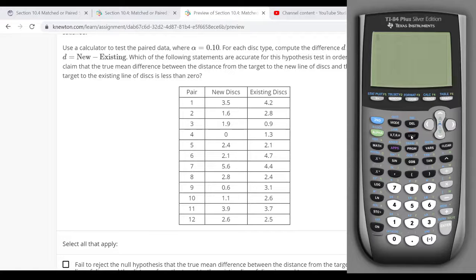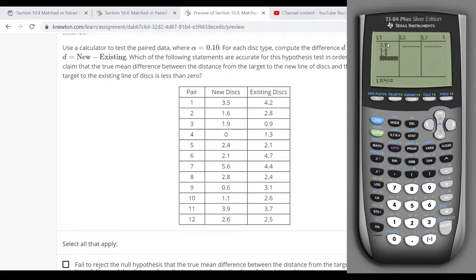You go stat, edit, and then down L1 here, I'm going to put the distance from the targets for those new discs: 3.5, what is it, feet? Yeah, something like that. 3.5 meters, I forget, probably early in the problem. 1.6, 1.9, and I'll come back when all of these are entered.